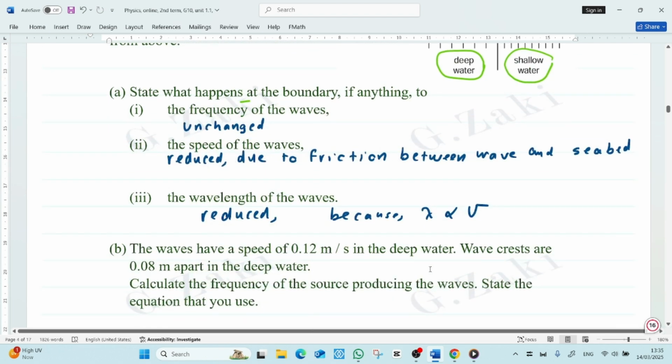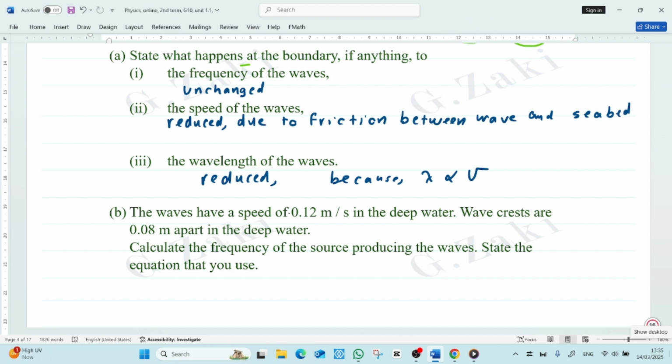Now, this is a given: the speed of wave v equals 0.12 meter per second. In the deep water, wave crests are 0.08 meter apart. The distance between two crests means the wavelength. Then lambda equals 0.08 meter. Calculate the frequency, stating the equation.